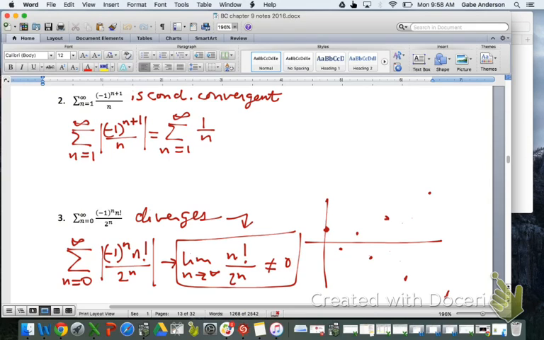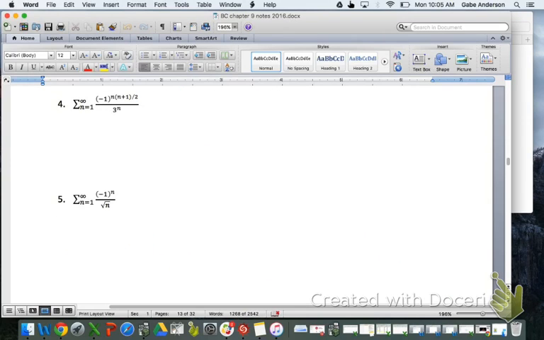Okay, we got a few more. Let's try those. So numbers 4 and 5. Number 4 looks ultra scary. Oh, it does. But take a minute and just analyze for a second. You've got -1 to the n over n plus 1, or n times n plus 1 over 2.